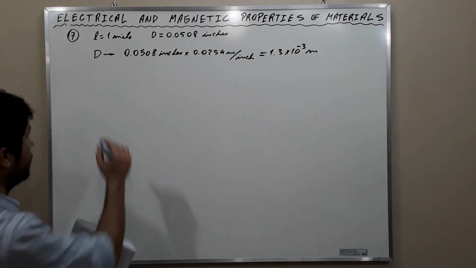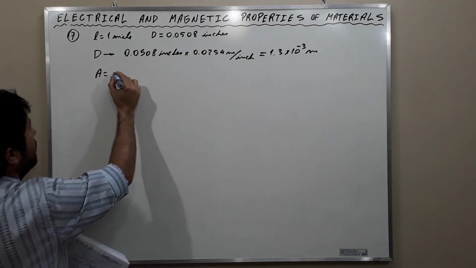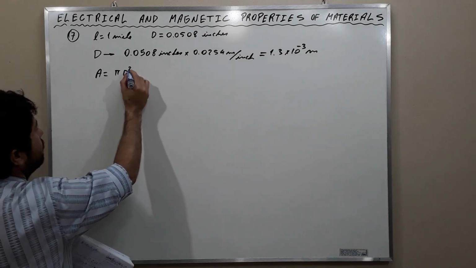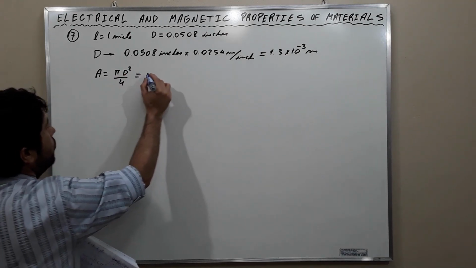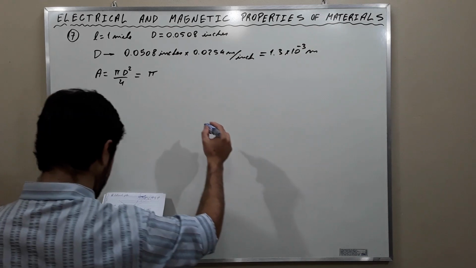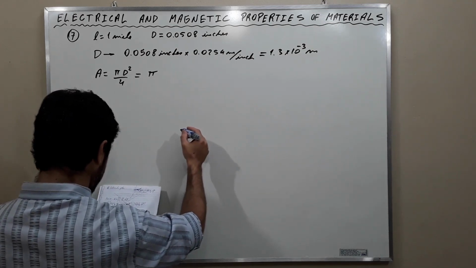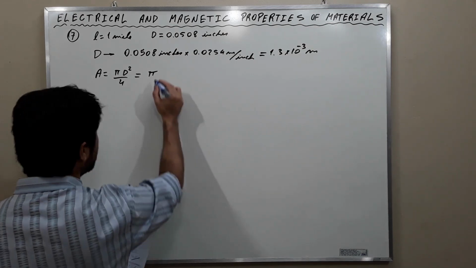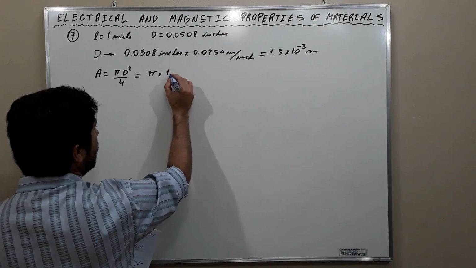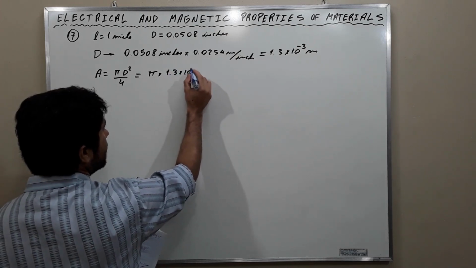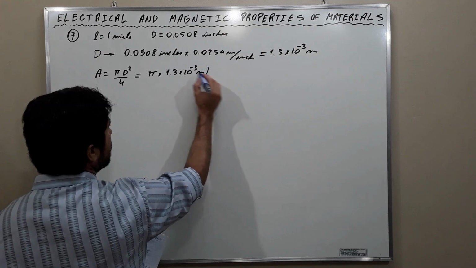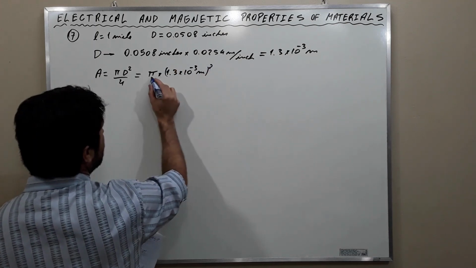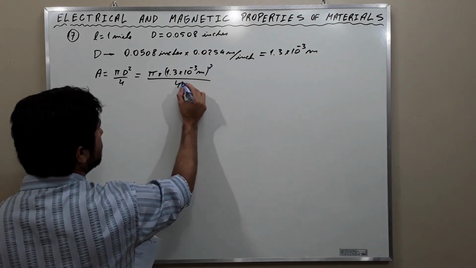The cross-sectional area is pi d squared over 4, which is equal to pi times 1.3 times 10 to the negative 3 meters squared over 4.